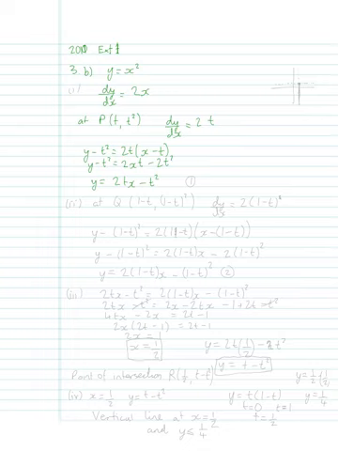Okay, then for part II, it asks us to write down the equation of the tangent to the parabola at Q. So at Q, we have (1 minus t, (1 minus t) squared). And so dy/dx at Q is equal to 2 lots of 1 minus t.